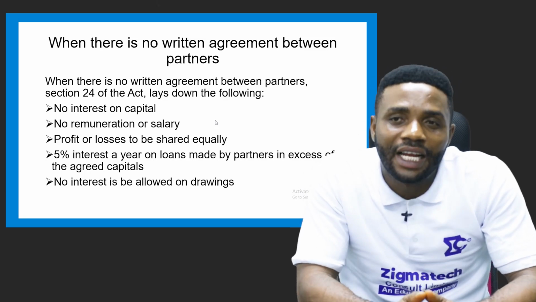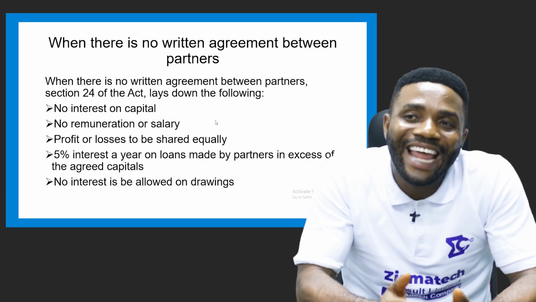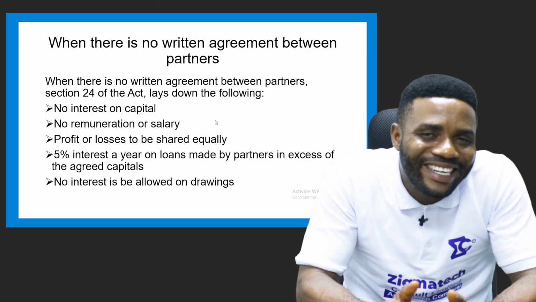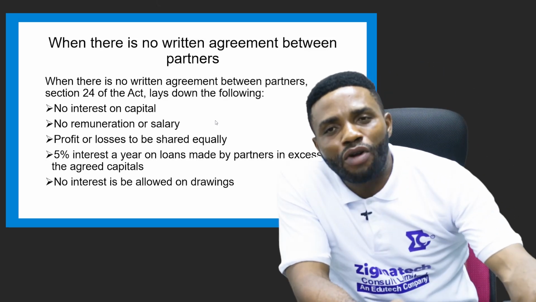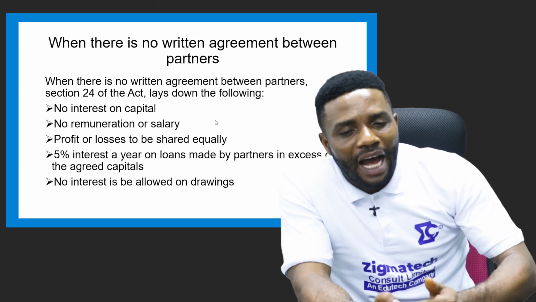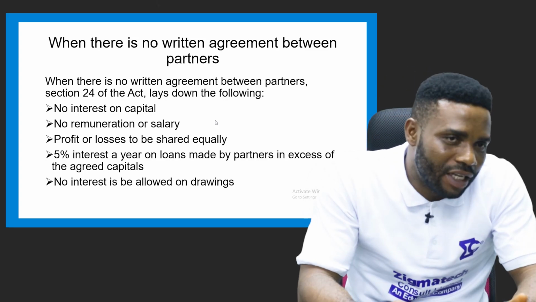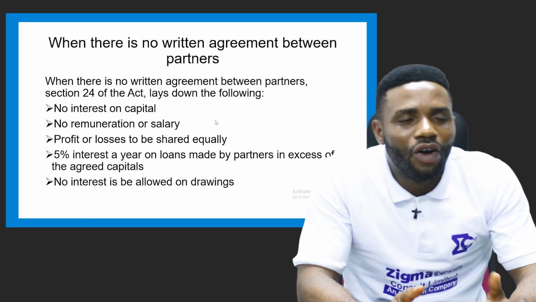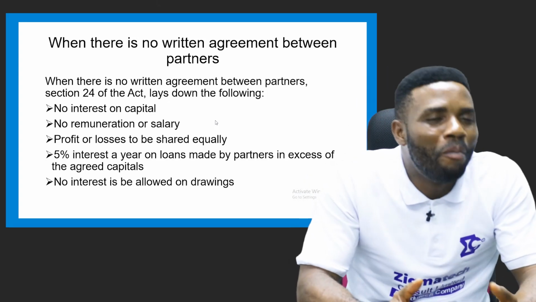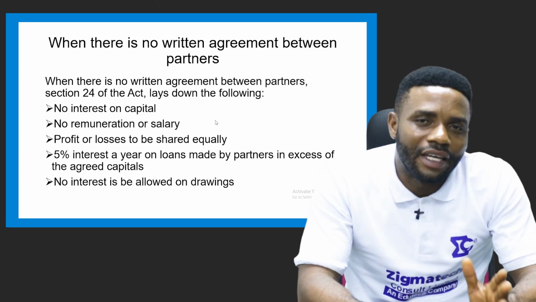What I'm saying here is that this loan is collected in excess of the agreed capital. Now, if this person has already brought the agreed capital and there is need to take an extra 5 million, it is 5%. 200,000 is 5%. 100,000 is 5%. No matter the amount of money that is taken from that particular partner, it is 5%.